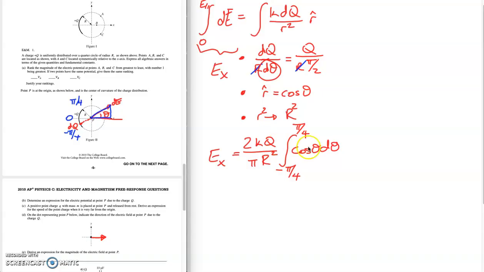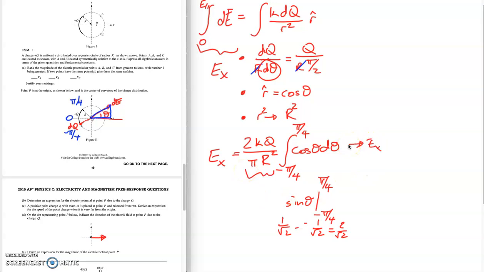All right, the integral of the cosine is the sine theta, and we're going to go from negative pi over 4 to pi over 4. Plugging those in, this is going to be 1 over root 2 minus negative 1 over root 2, which gets us 2 over root 2. And then don't forget our coefficient out front.